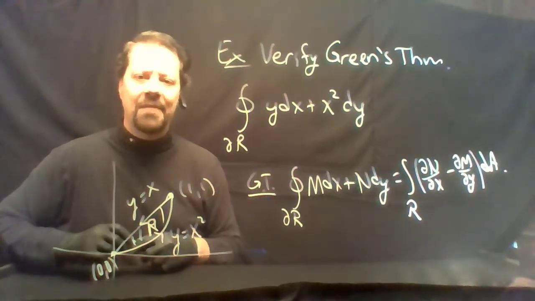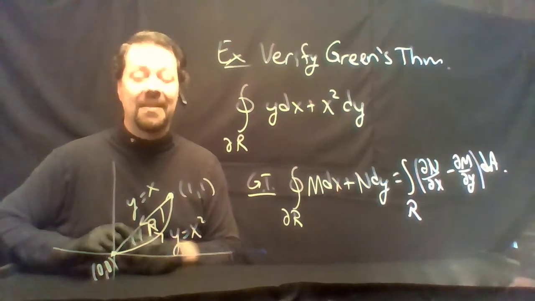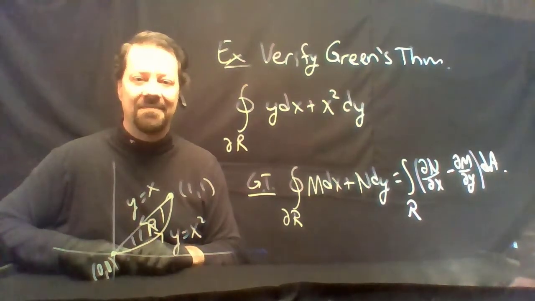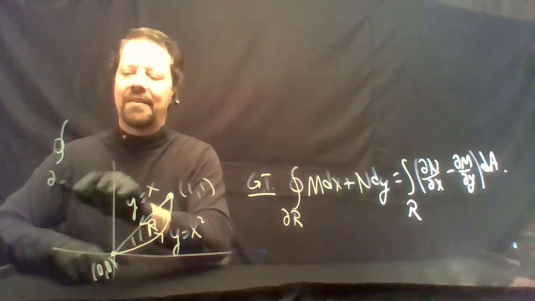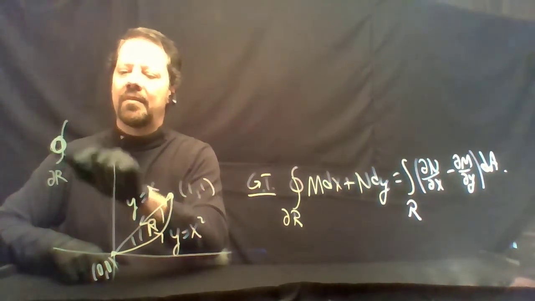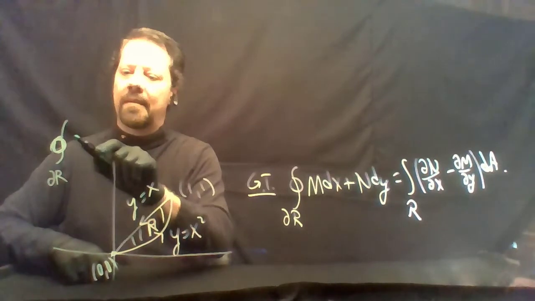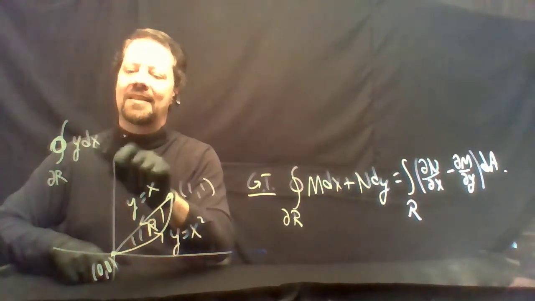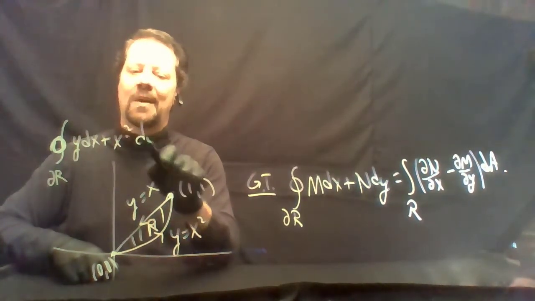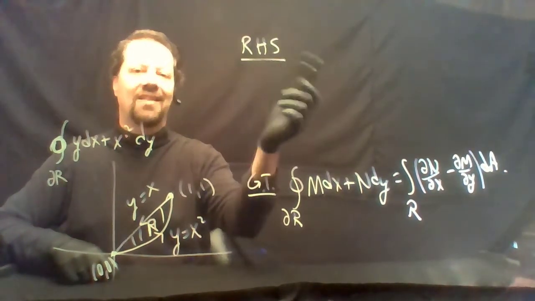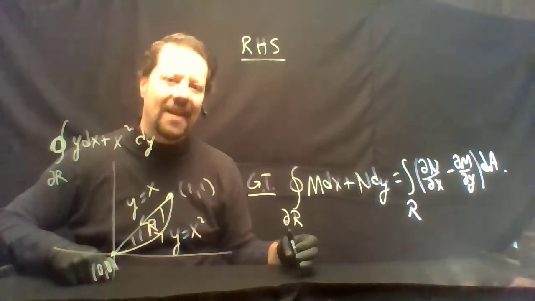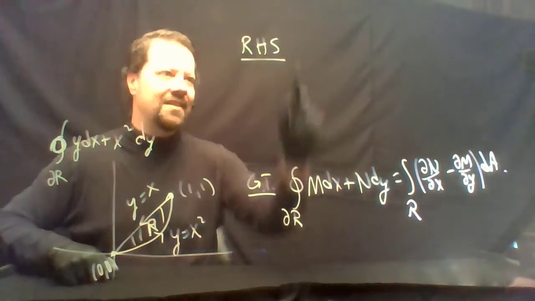You'll at least get 3 points on the problem in the exam if you make this statement. Remember, we're trying to calculate the integral around the boundary of the region of y dx plus x squared dy. Let's do the right-hand side. RHS stands for right-hand side of Green's theorem.